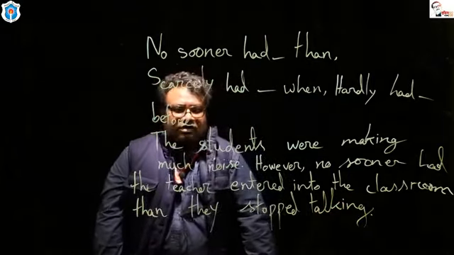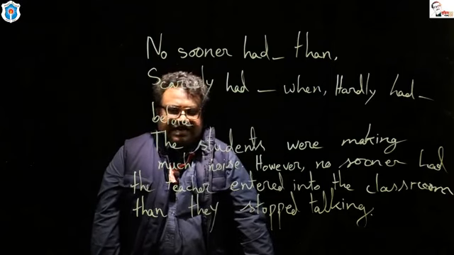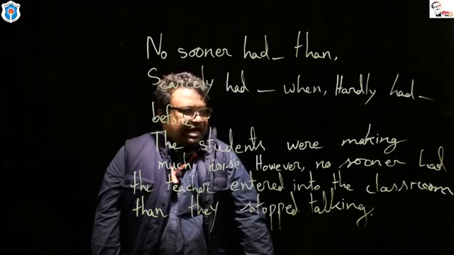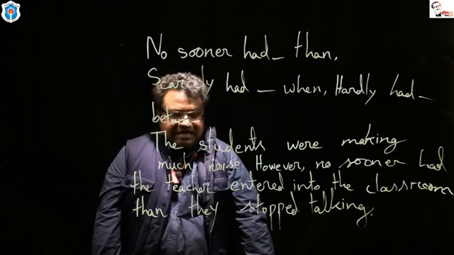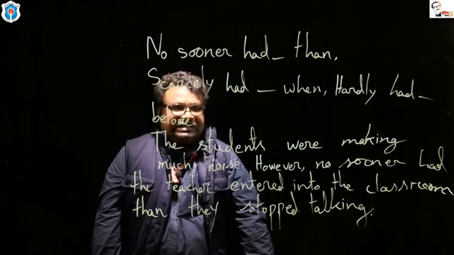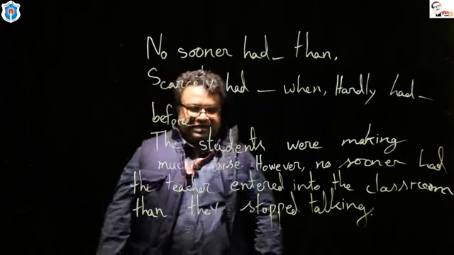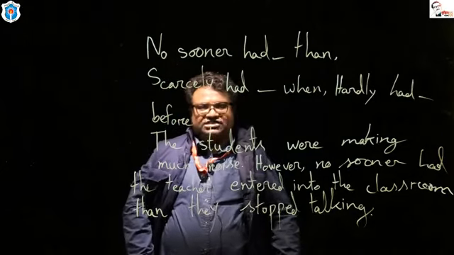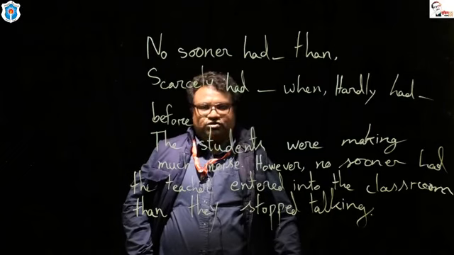So in case of no sooner had than, scarcely had when, hardly had before, the students were making much noise. However, no sooner had the teacher entered into the classroom than they stopped talking. So the structure is, after no sooner had, we will use a subject they, then the past form of the main verb, that is stopped, and we are going to use the extension.